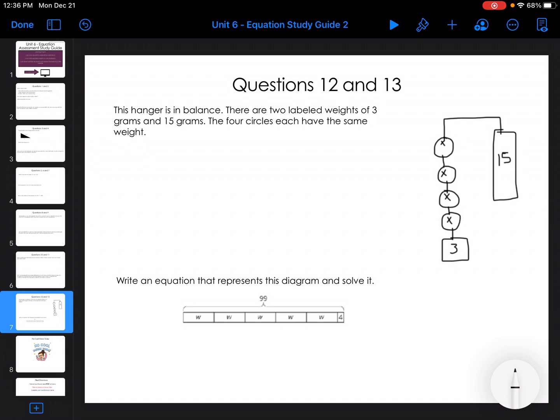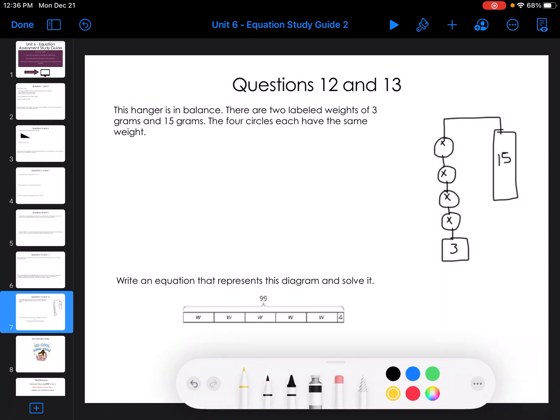All right, this hanger is in balance. There are 2 labeled weights of 3 grams and 15 grams. 4 circles each have the same weight, so the drawing is here. So I'm going to zero out.